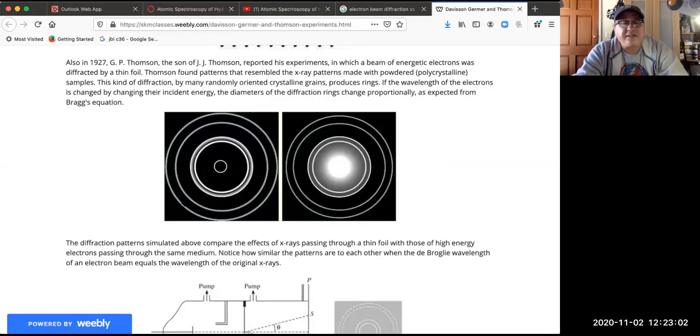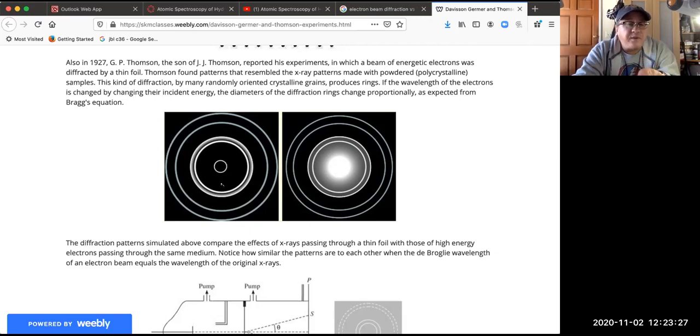Okay, so take a look at these diffraction patterns. If we read this, diffraction patterns simulated above compare the effects of X-rays passing through a thin foil with high energy electrons passing through the foil. So these are simulations, mind you.